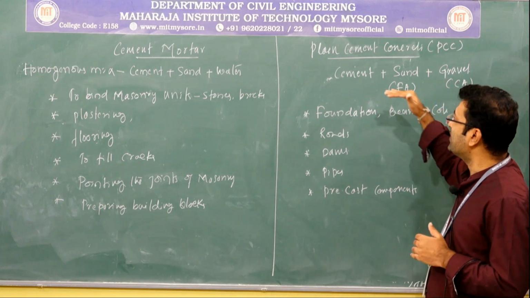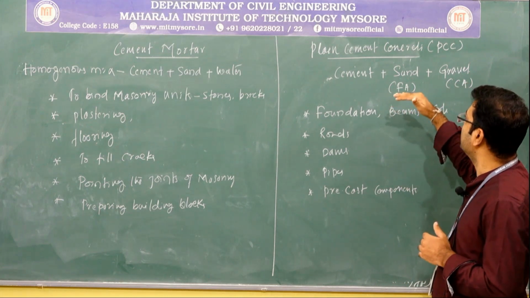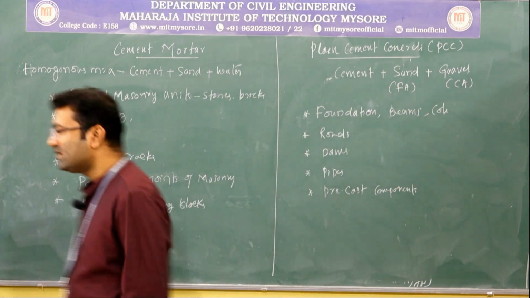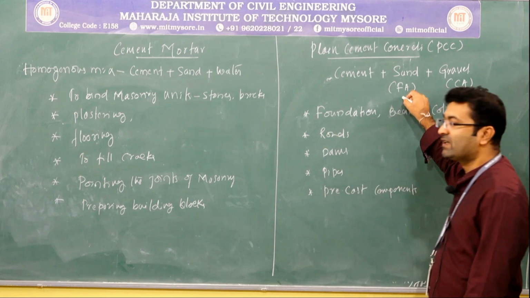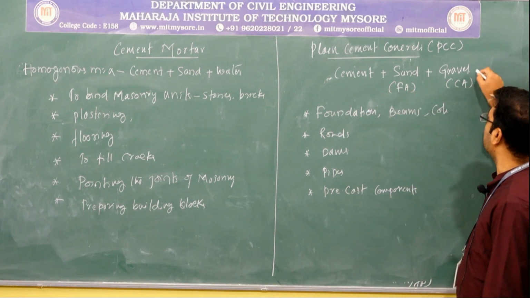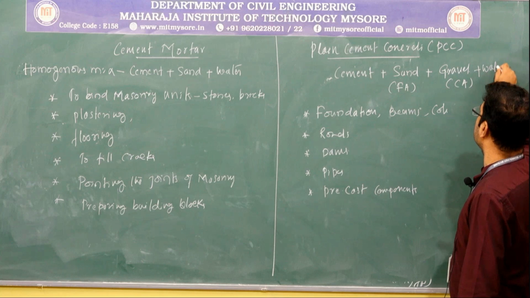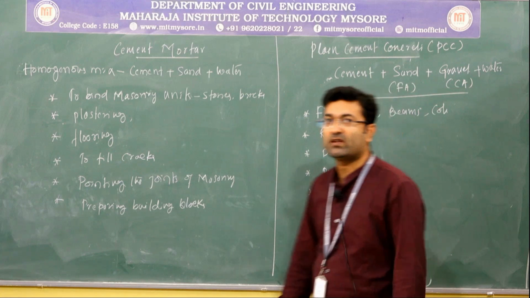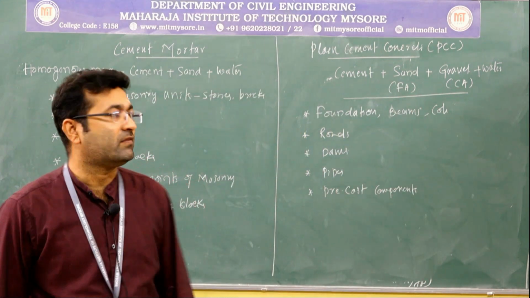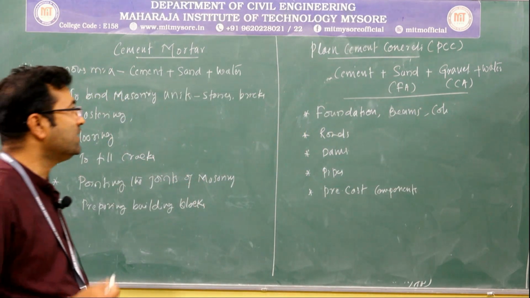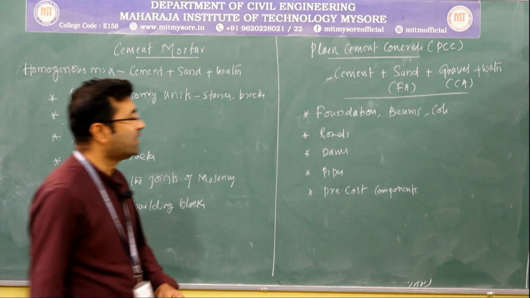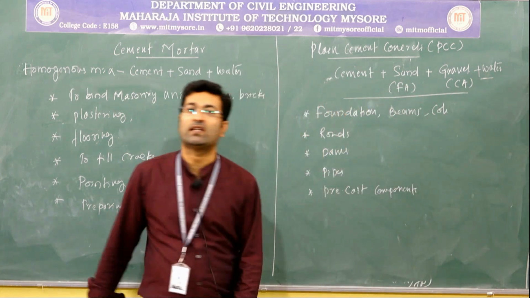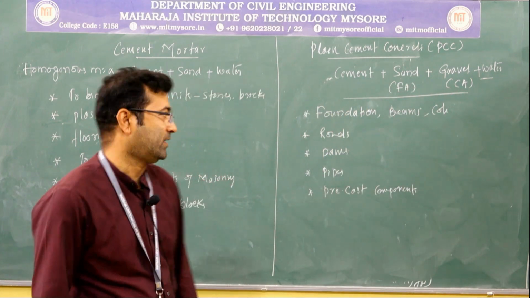It is manufactured using three basic materials: cement, sand and gravel, where sand is the fine aggregate and gravel is the coarse aggregate, plus water. As I mentioned, first we prepare a dry mix of cement, fine aggregate and coarse aggregate. Once we have the proper mix, we add the water. The resultant material is plain cement concrete.